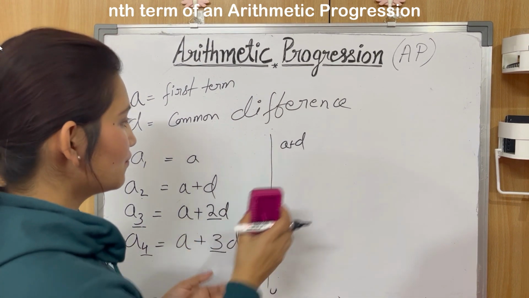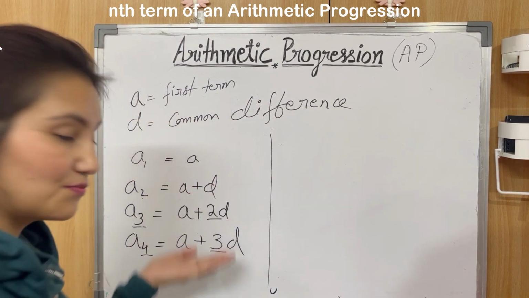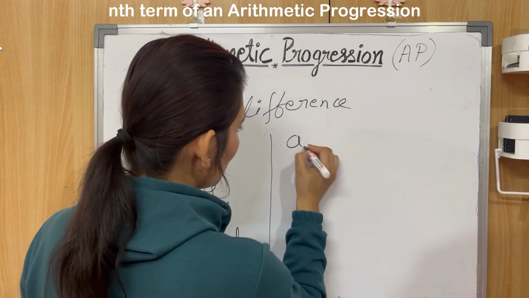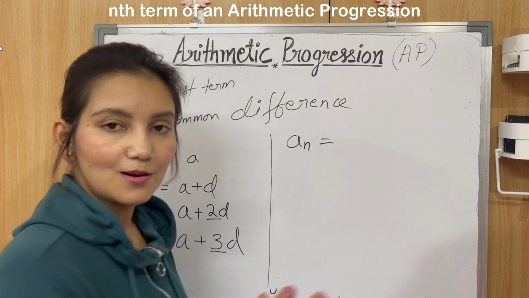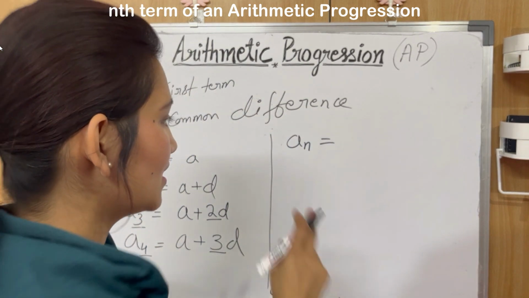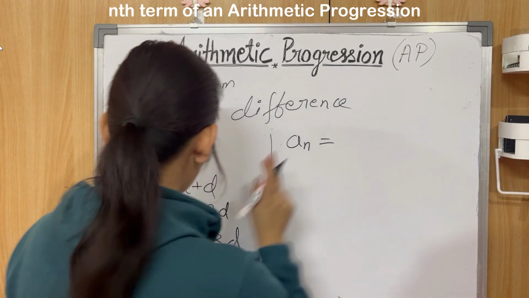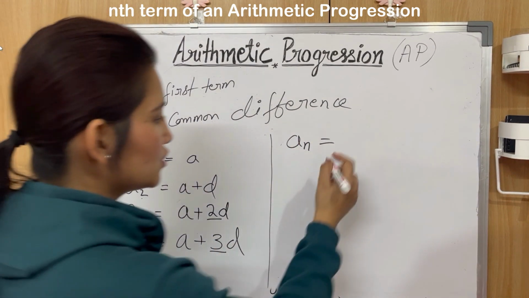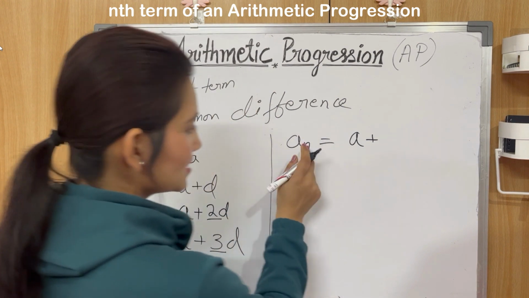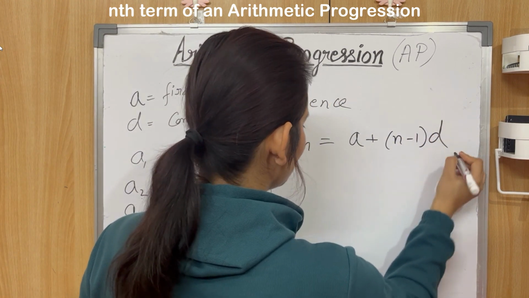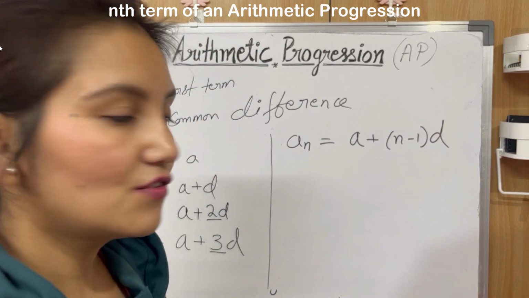If we follow this pattern, it will continue. So the nth term of an AP, A suffix N, would be A plus (N minus 1)D. So this is the nth term of an AP.